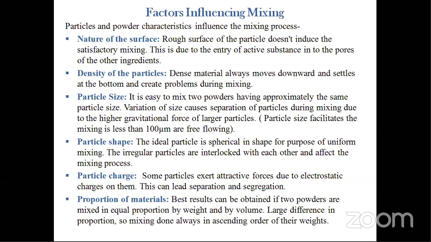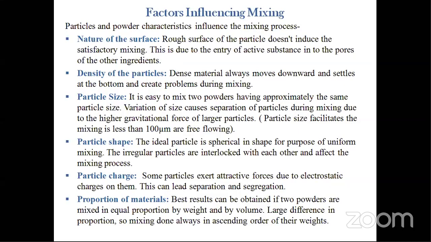Say you have taken three types of particles: small, medium, and large. During mixing, the large particles, which have high weight, have a high gravitational force. So due to this higher gravitational force, they again settle on the downward portions of the equipment. So there is a separation between the three types of particles, and uniform mixing will not happen.